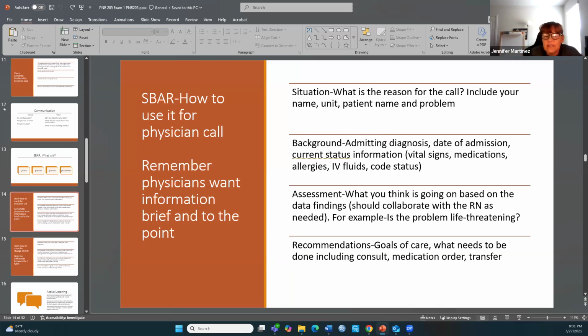And then with the assessment part, what do I think is going on? Honestly, in my situation, I'm going to say the client is confused, he's disoriented, he was unsteady on his feet, went to sit down on the toilet, slipped off the toilet, and hit his head. All right. Not life threatening, however, right?